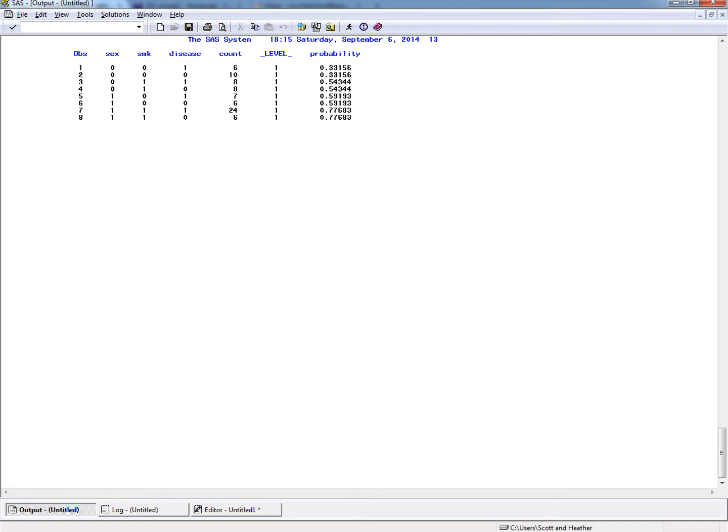So do you see a little bit of how this works? If we use that 50% threshold, then anyone who has an estimated probability of 33%, we're going to predict that those people don't have the disease. Agreed? Because 33% is less than 50. It means that on the very first line, there are 6 people who actually had the disease.